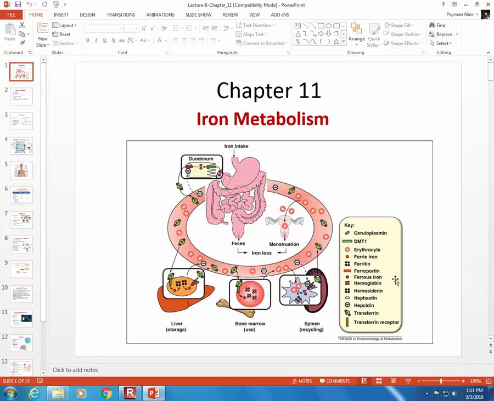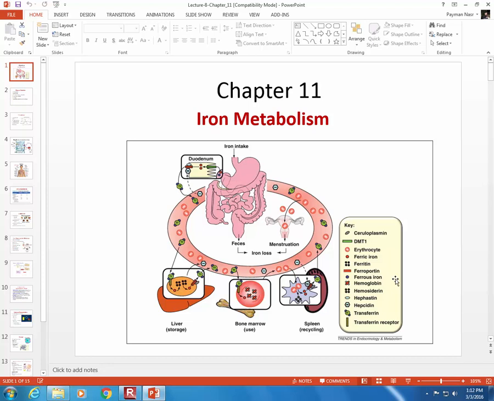So there is going to be this transition between Fe3+, the ferric iron, and Fe2+, the ferrous iron, continuously. Anytime that the iron is going to be stored in the ferritin, it's going to be ferric. If you are talking about the iron inside of the hemoglobin, it's going to be ferrous.